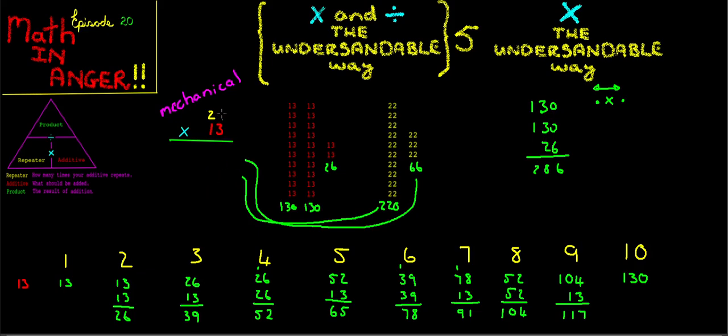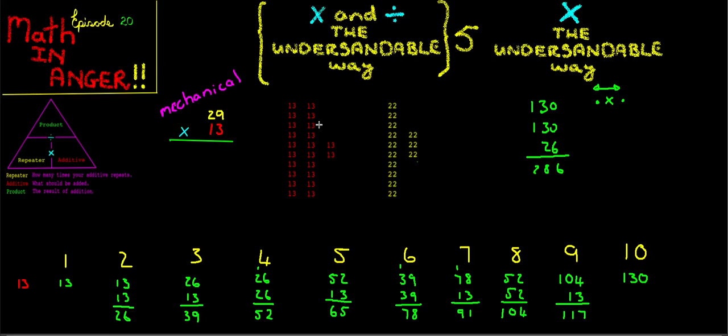So let me demonstrate that with this. Take a look at what happens when we make that 29. Right? So now we are taking 13 and adding it to itself 29 times.